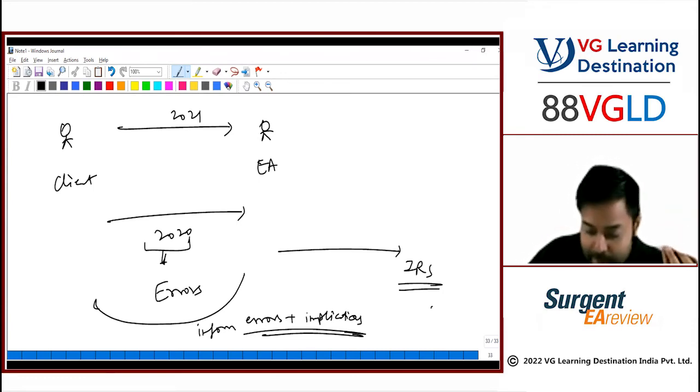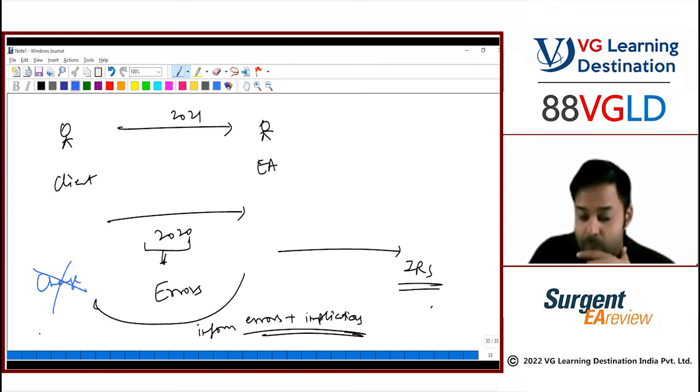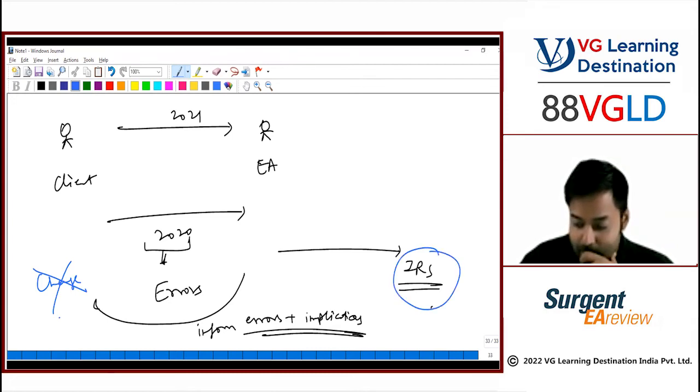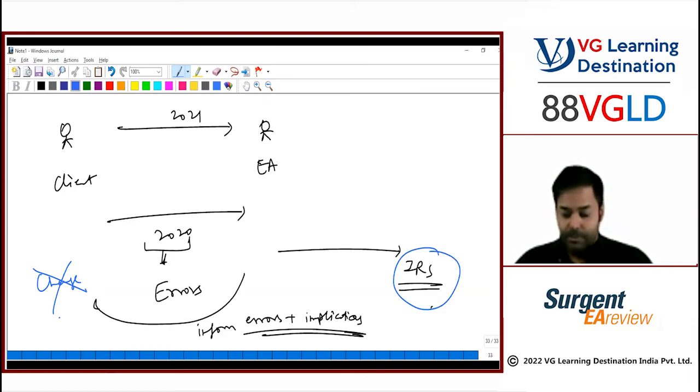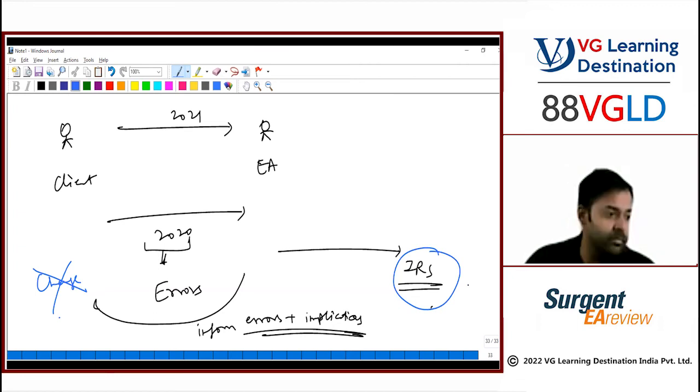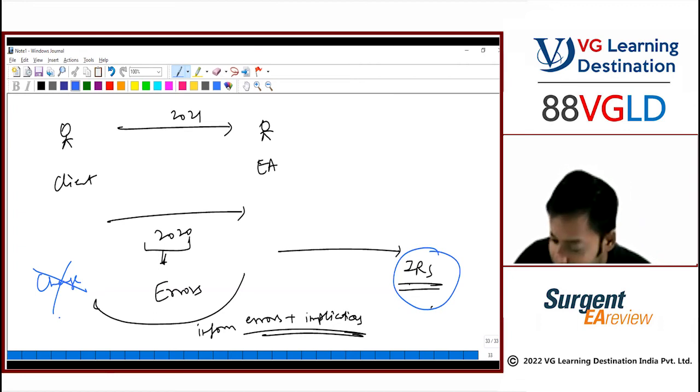What about, guys, if the client says, no, I'm not going to change it, mind your own business? What will you do? You will complain to the IRS? The client says no, and then will you complain against the IRS?